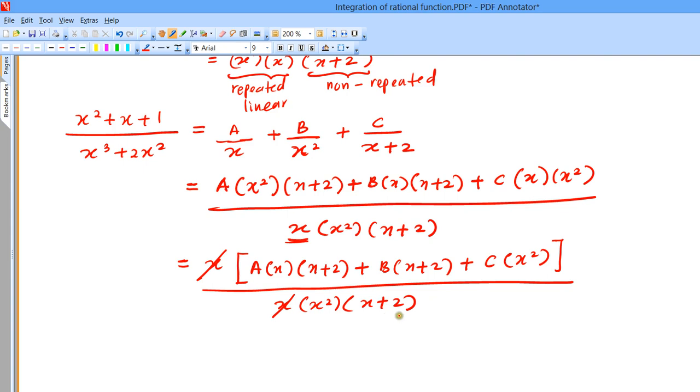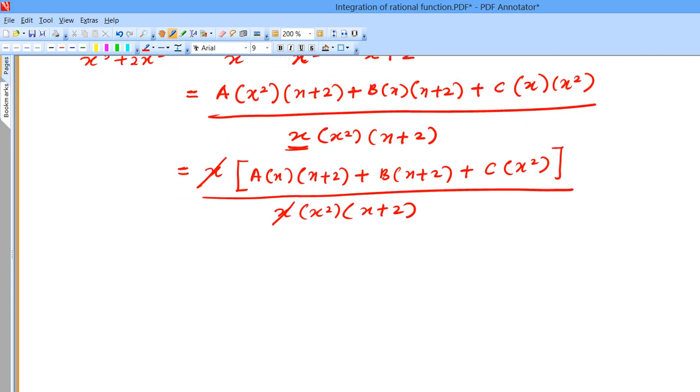So if we expand the denominator, we get the left hand side. We can expand both numerator and denominator.